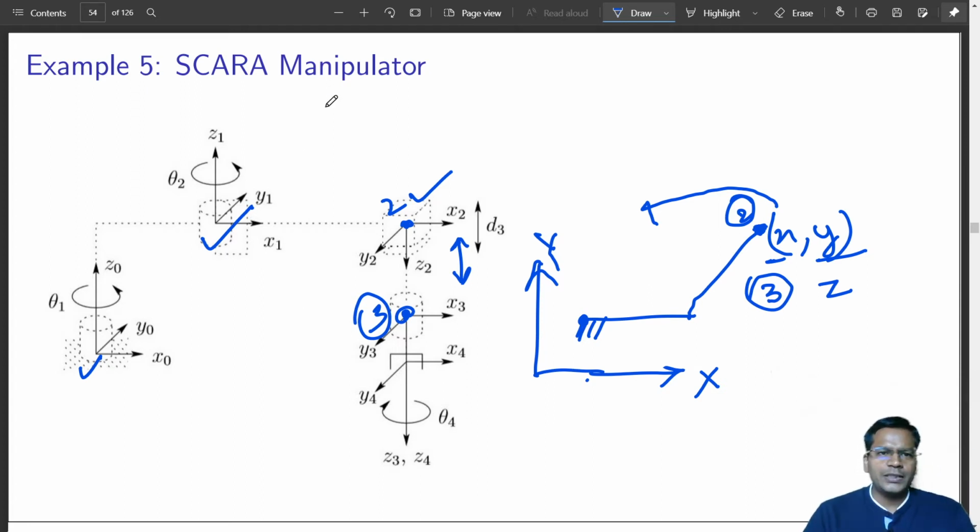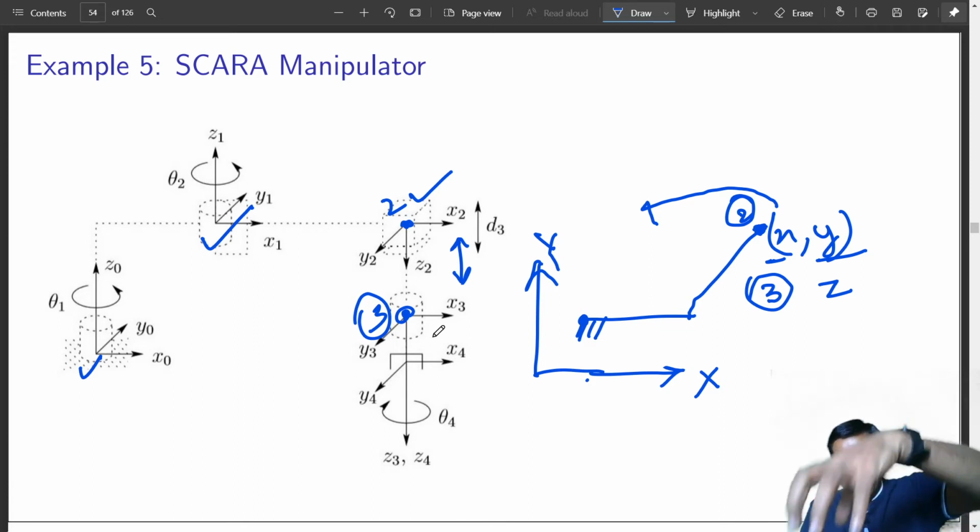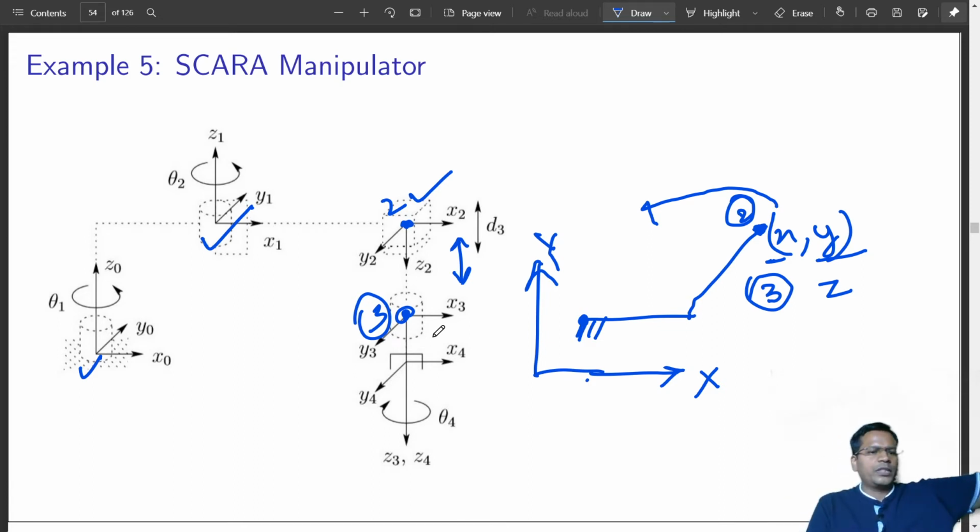So that is the reason this is SCARA. It can go anywhere in space and it can just rotate like this. It cannot roll, it cannot pitch, it can only rotate about its axis, which is vertical to the ground. This type of motion is very much required in standard pick and place. If you have to pick something from a conveyor, you have to pick it vertically from the top and place it somewhere.